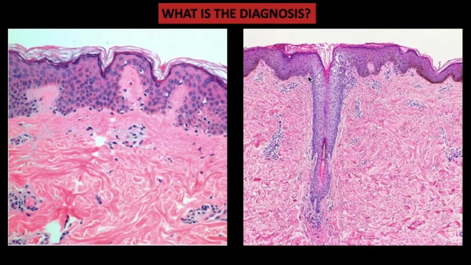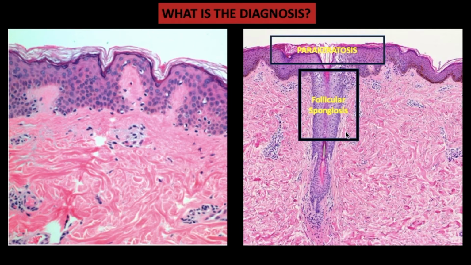We can see here the hair follicle is the only affected pathology in this entire skin, along with the hyperkeratosis and some parakeratosis. We also have spongiosis restricted to the follicular unit, along with the perivascular inflammation.